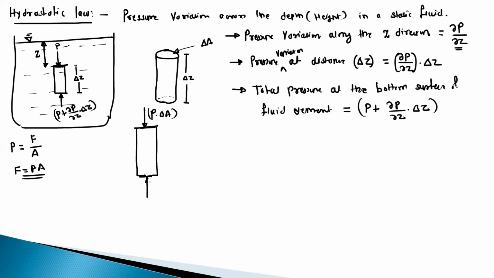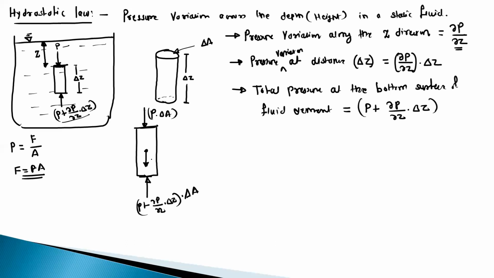On the bottom surface, we have the force at this point with the total pressure, so it is P plus del P by del Z into delta Z into area delta A. This is the total force. And also there is a weight force due to this fluid element, acting in the downward direction.